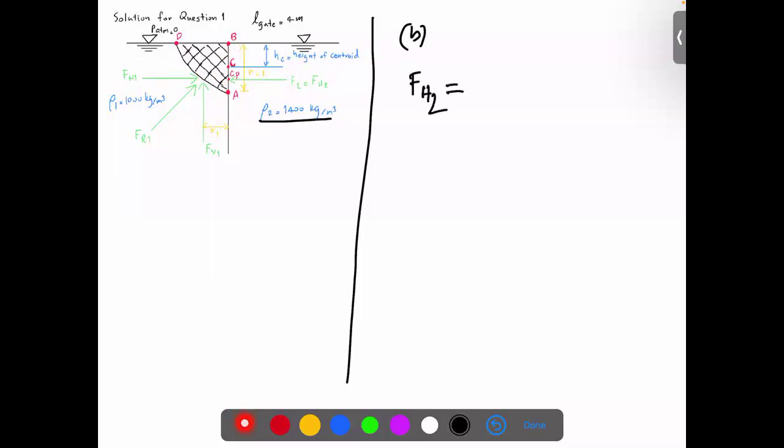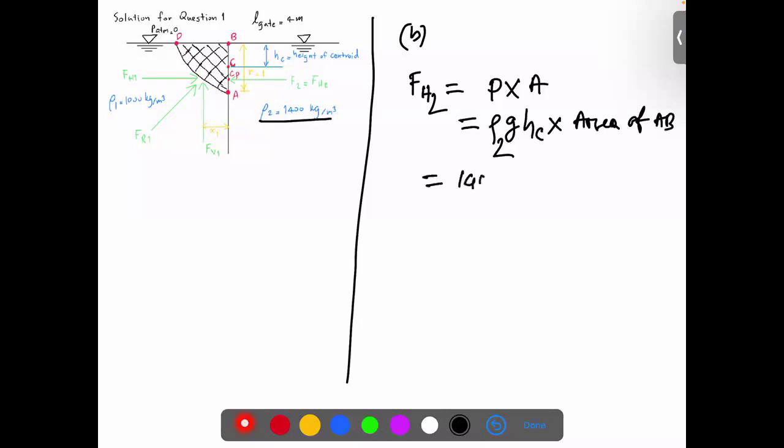This is equal, again, to pressure times area. The pressure is rho g h, where rho is rho2, the density of the second fluid, h is the centroid height, and the area is area of AB.